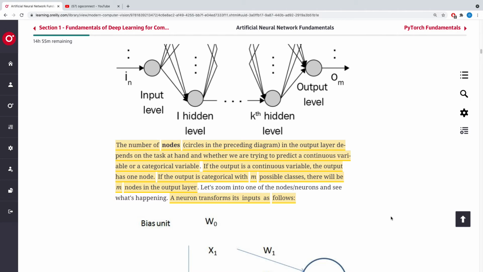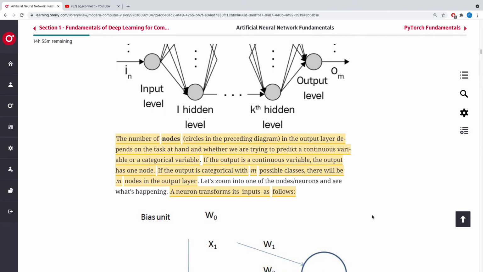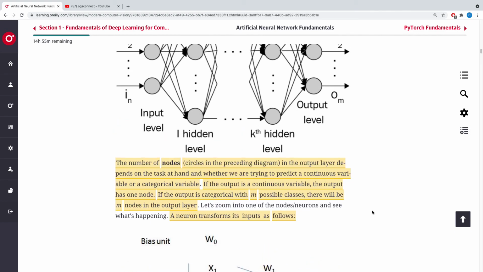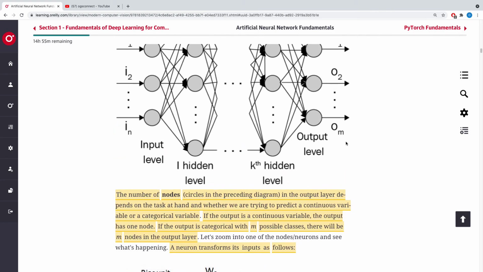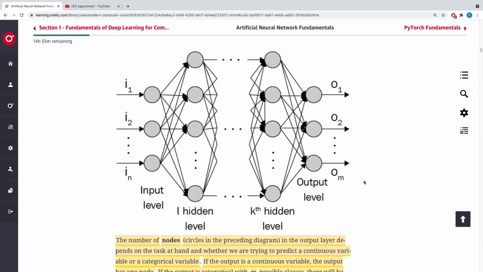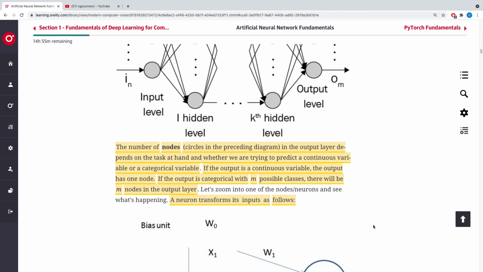Maybe it can belong to a cat or a dog. So those are 2 classes. That's our categorical. If the output is a continuous variable, that is, you just want to get a number, then you use only one node in the output layer. Instead of having all of this, you just have only this one, since you're just predicting a continuous value.